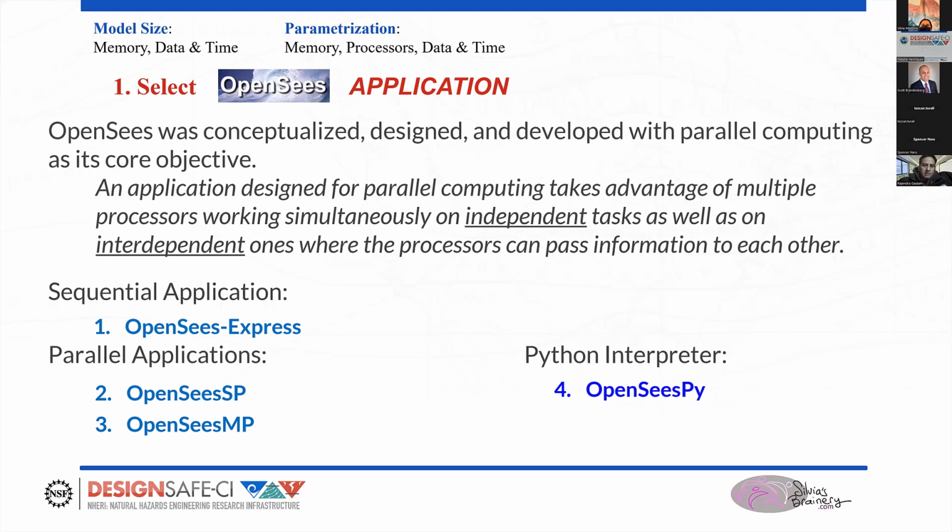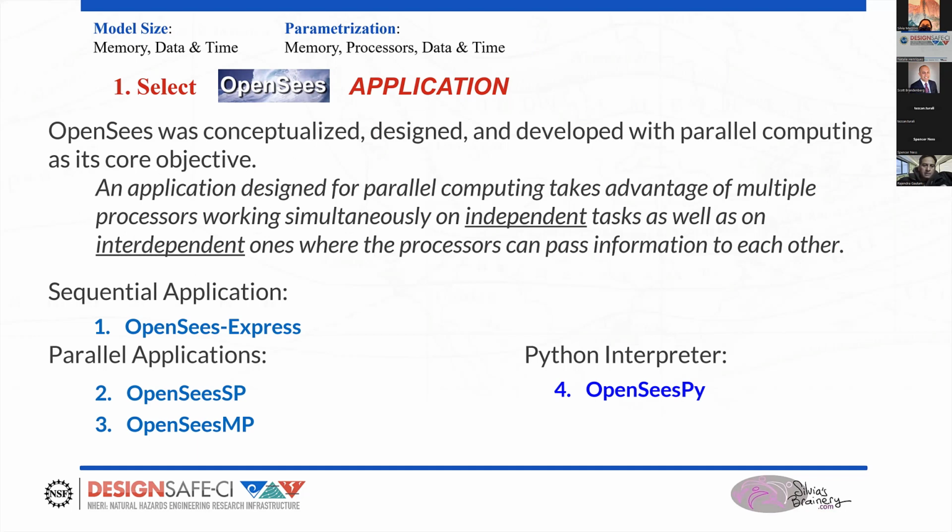So now that you've thought about, okay, I have an idea of what my model size is and what my parametric study is going to be, now let's talk about what OpenSees application you have, okay? We're all talking about just OpenSees in general, but now there's certain types of OpenSees that Frank McKenna developed from the very beginning.